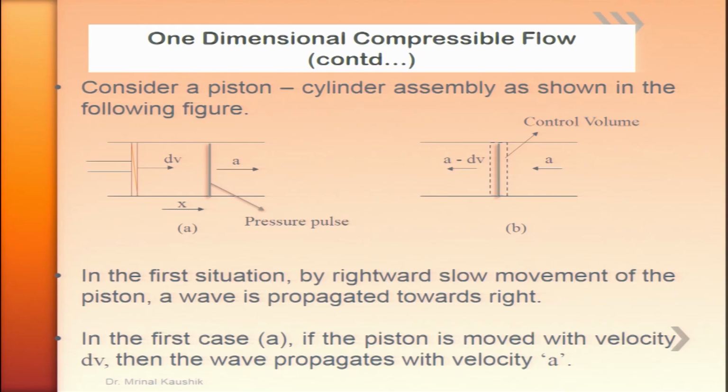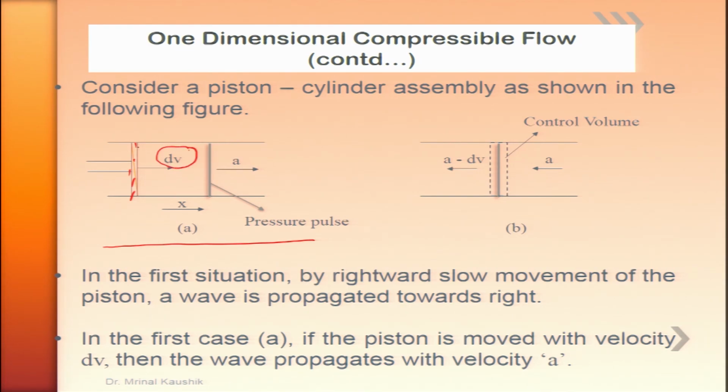Therefore, in the piston cylinder assembly, assume that this is the flow situation actually present, that a flow is happening because this cylinder piston is progressing toward the right with a very small velocity dV.